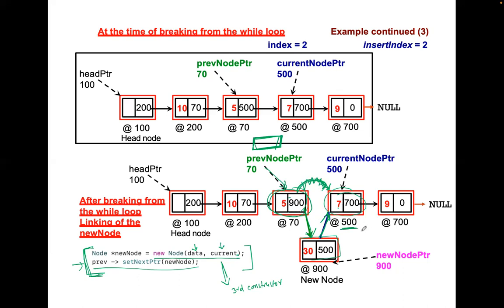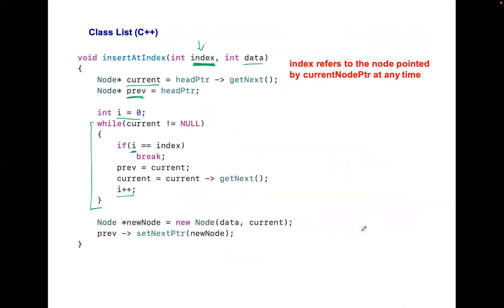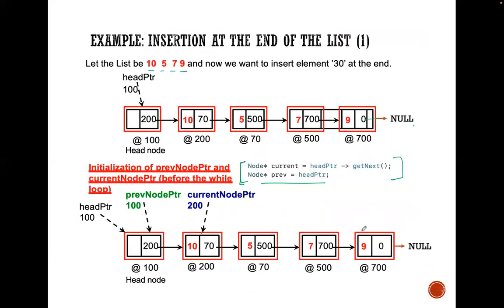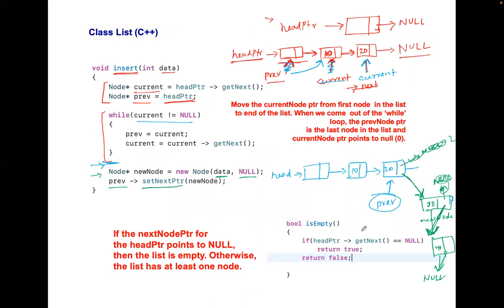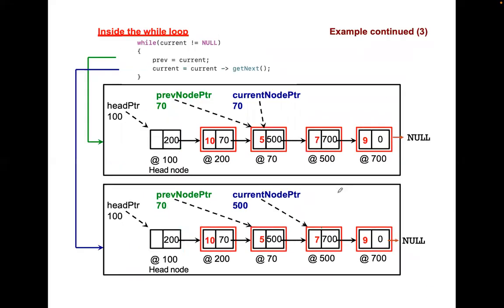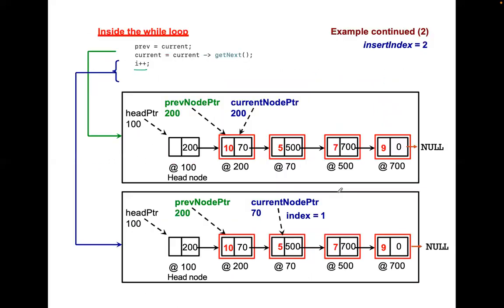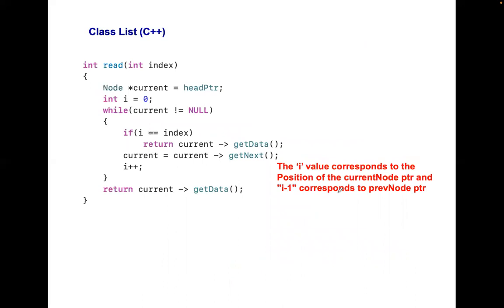So I will ask you to write the code until this point. All the code is given: you have the node class definition and the list class definition. Implement the insert function and the insert at index function. You can also have a print function that reads all the items from the list and prints all the values.